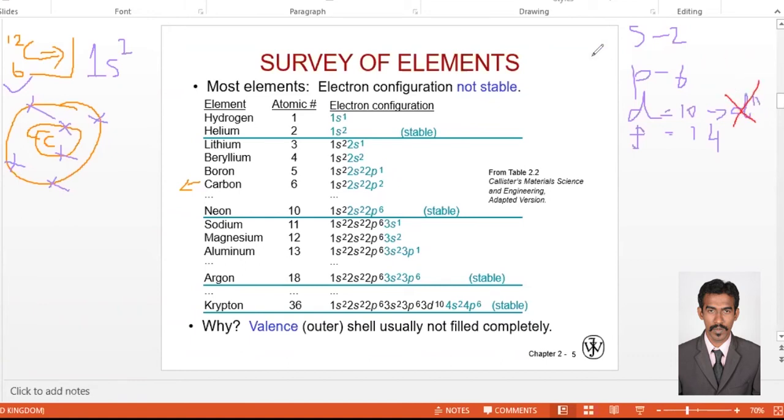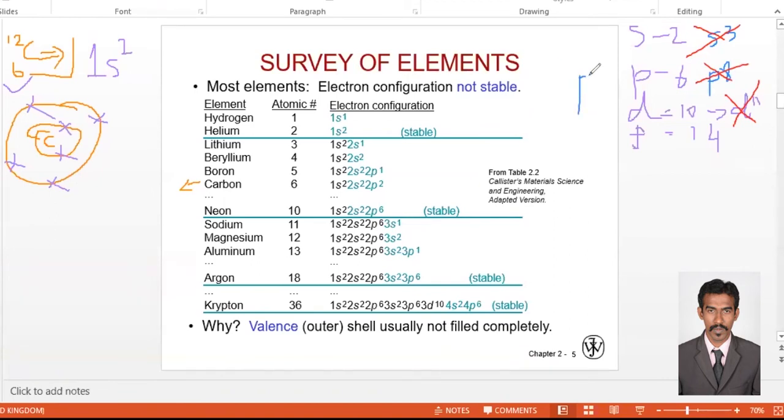In a similar way, s3 or p8 is also wrong, because the maximum in s is 2, and the maximum in p is 6.